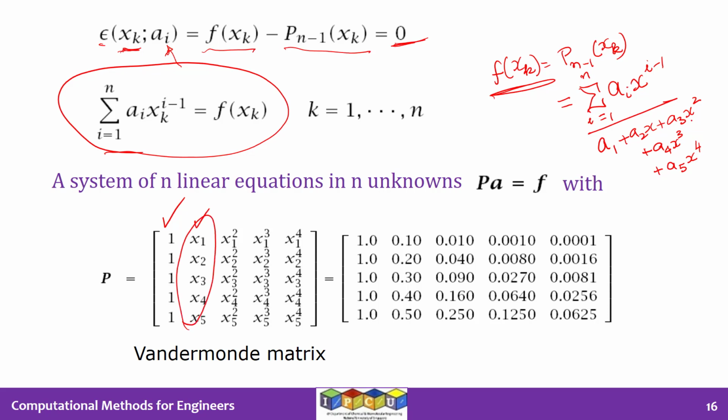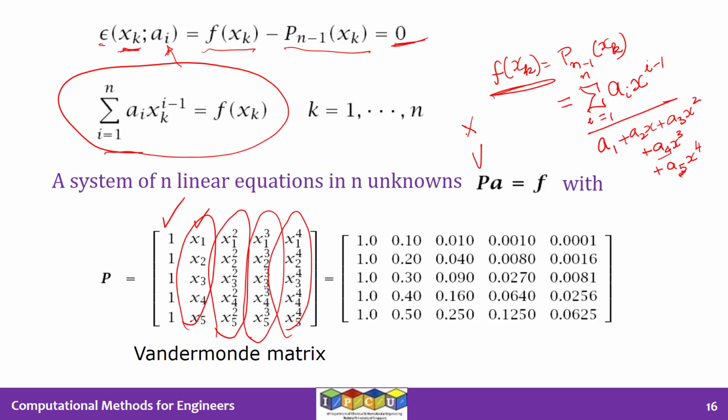To get a3, you must have a column of the squares of x. And to get a4, we should need a column of the cubes of x. To get a5, you should have a column of the fourth powers of the x measurements. So this is what we have. Here we are calling this matrix P. Previously we called it V, and before that we called it X. Alright, so it doesn't matter.